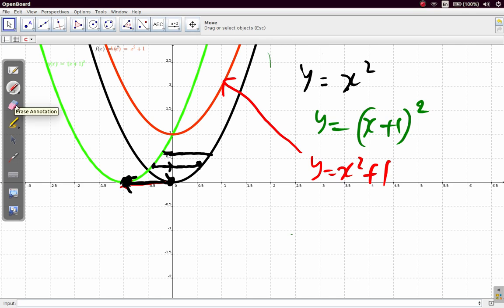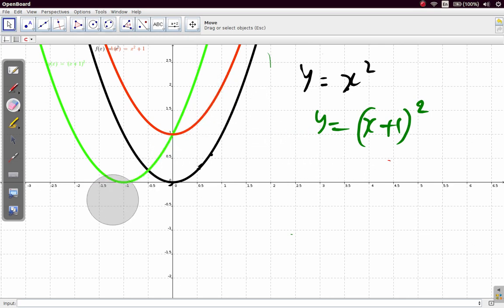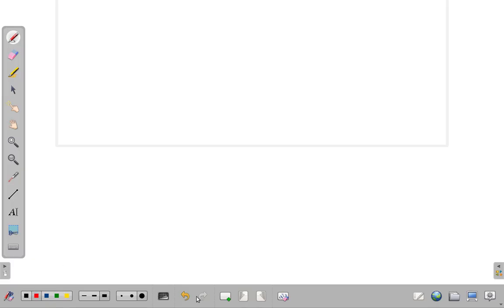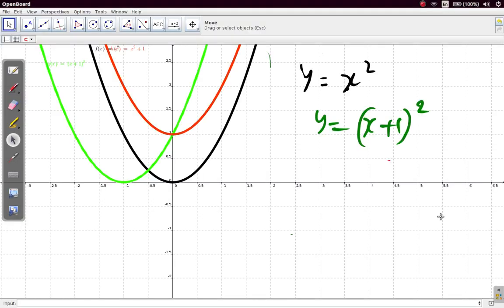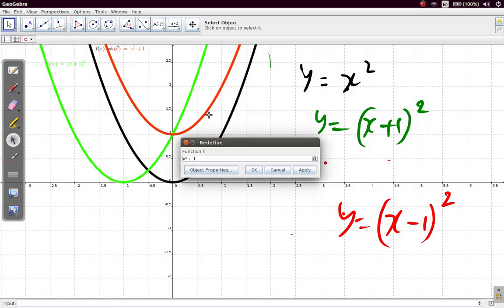Suppose we make a little adjustment here and we say we want y equals x minus 1 squared. What would happen? Y equals x minus 1 squared. Let's do that to the red graph. Let's change it up.